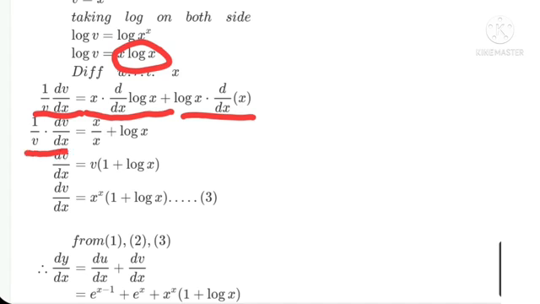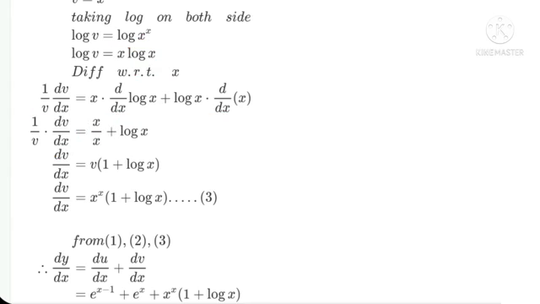1 upon v into dv by dx as it is, x as it is, derivative of log x is 1 upon x. So here becomes x upon x plus log x as it is, derivative of x is 1. So we get dv by dx is equal to, take v on the RHS, we get v into bracket, x gets cancelled, 1 plus log x. dv by dx is equal to, put the value of v, x raised to x into bracket 1 plus log x.